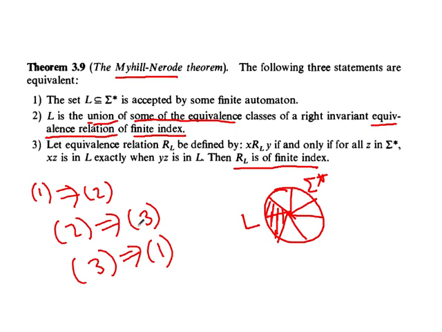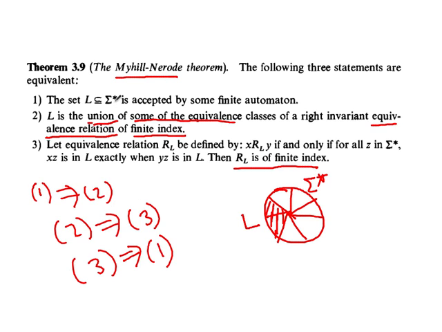Because 1 implies 2 implies 3, that means 1 implies 3. And 3 implies 1 is direct here, and 2 implies 3 is here, and 3 implies 1 implies 2, that means 3 implies 2. So 2 implies 3, 3 implies 2. Everything is proved if we prove it in this three-way manner.